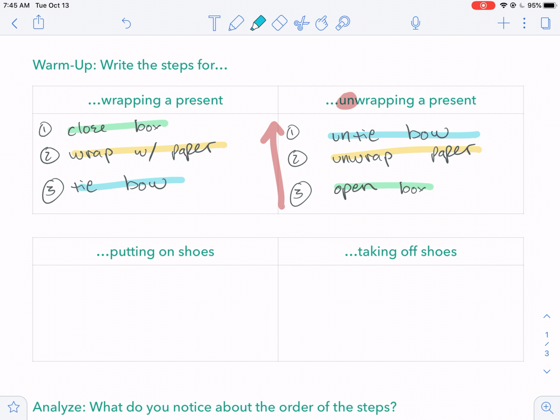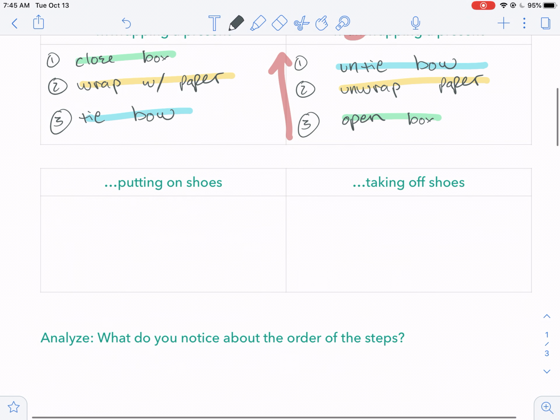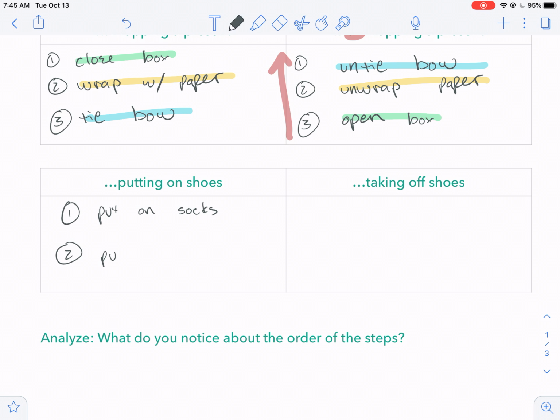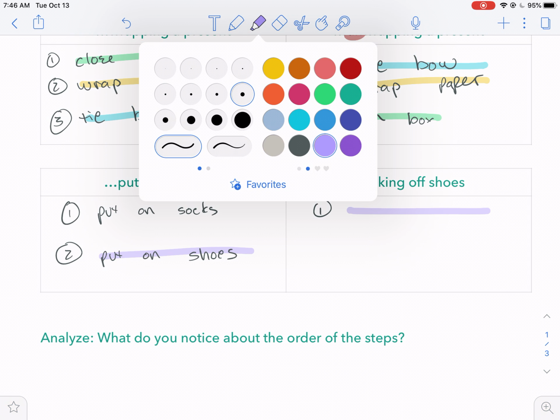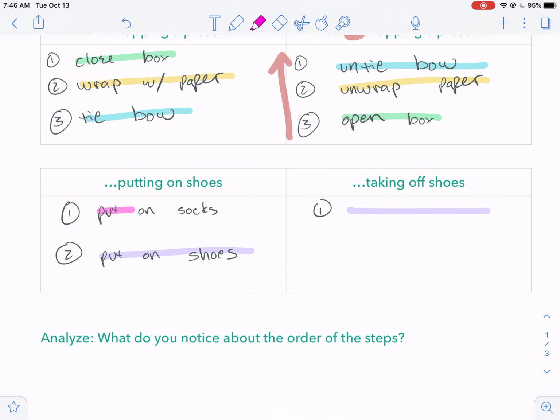That doesn't only apply to unwrapping a present, that also applies to putting on socks and shoes. For example, my first step this morning in putting on my socks and shoes, I first put on socks, and then I put on my shoes. However, to undo that, what am I going to do first? My very first step in taking off my socks and shoes is going to be to first take off my shoes.